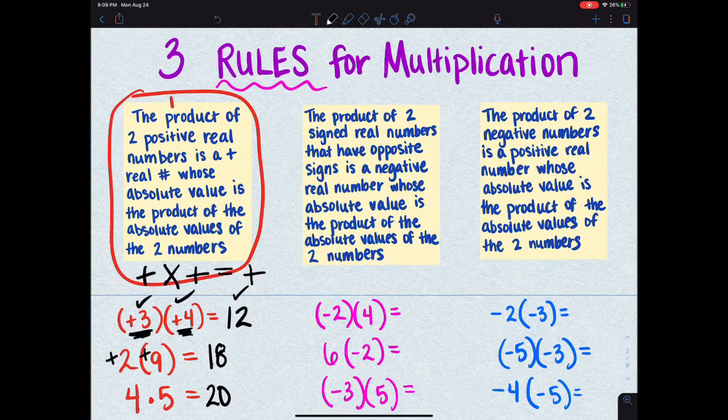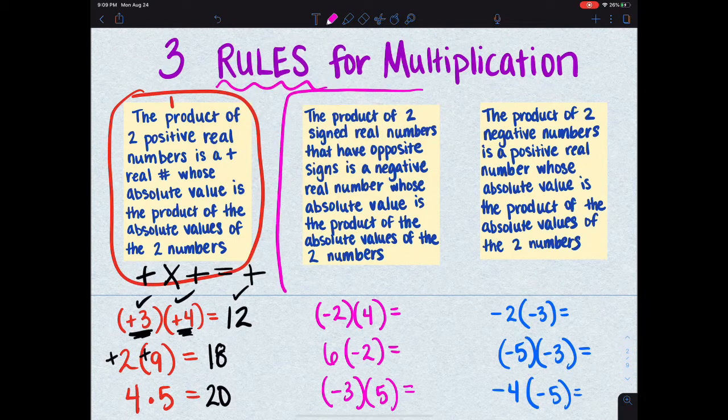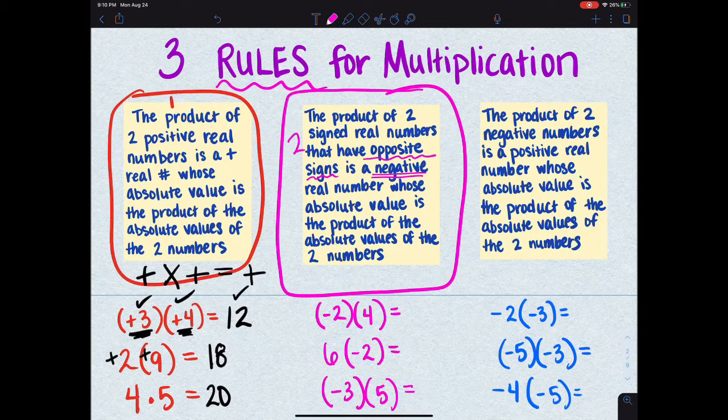Okay, let's do rule number 2. It says the product of 2 signed real numbers that have opposite signs is going to be a negative real number whose absolute value is the product of the absolute values of the 2 numbers.